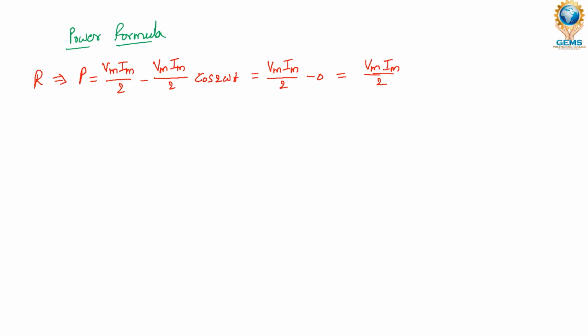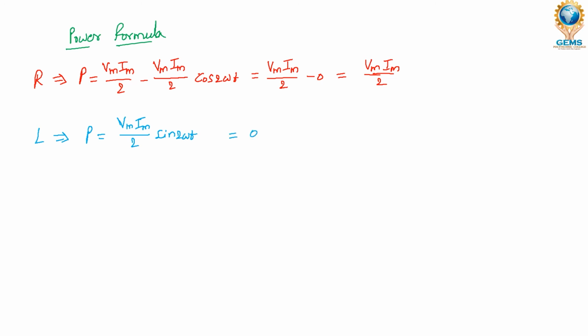If you see the power value in case of inductor, power P equals Vm Im by 2 into sin 2 omega t. This is 0.